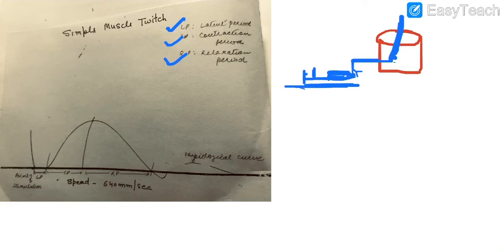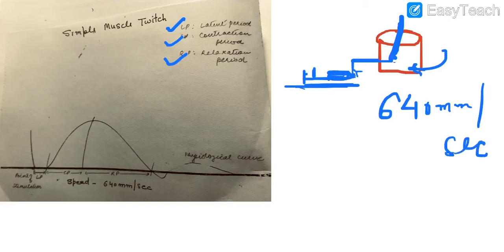So, what we do, we make this drum rotate. There are different speeds. We will make it rotate at the maximum speed, and that maximum speed is 640 millimeter per second. If this drum is rotating, then we won't get a straight line, because this lever moves up when the muscle contracts, and then automatically it will come downward.